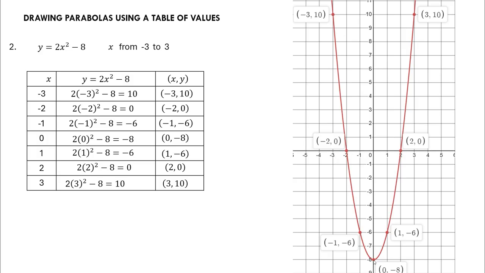Our vertex, again, right on the y-axis, occurs at the point 0, -8. So 0, -8 is our vertex, but -8 is also our y-intercept.